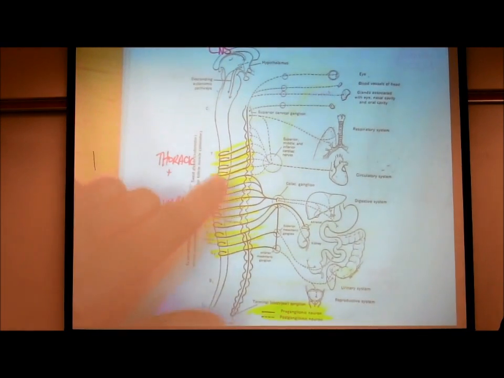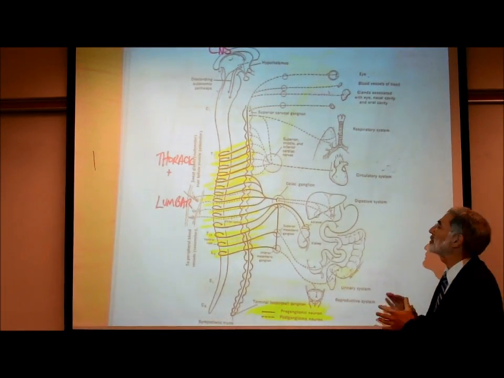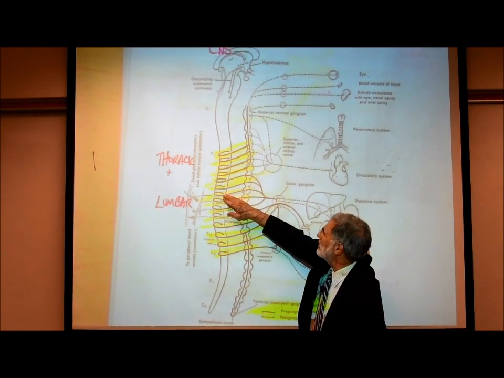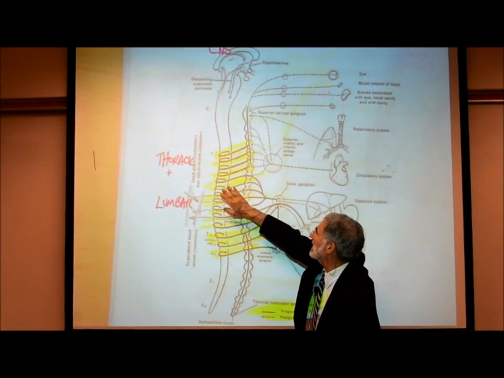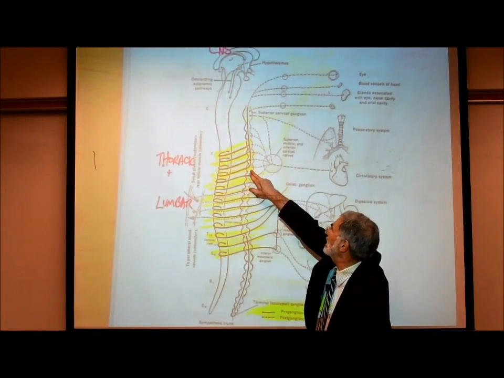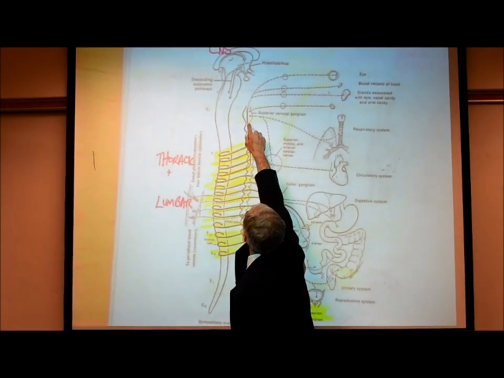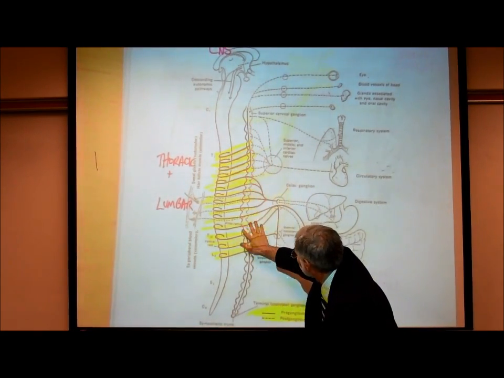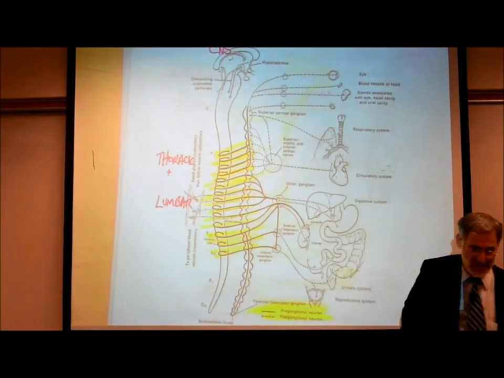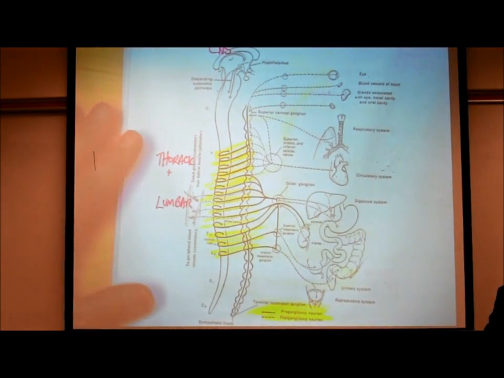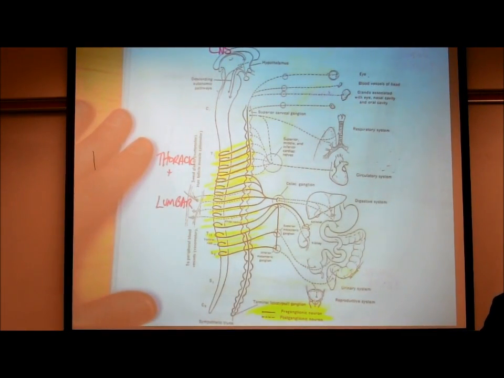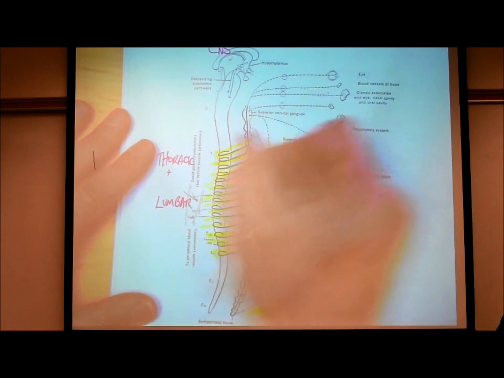A large number of the sympathetic myelinated preganglionic fibers synapse in this thing right here. This thing right here, that's right on the side of the spinal cord, is called the sympathetic chain ganglion. It is known as the sympathetic chain ganglion.